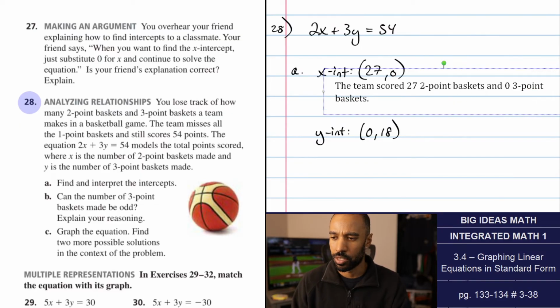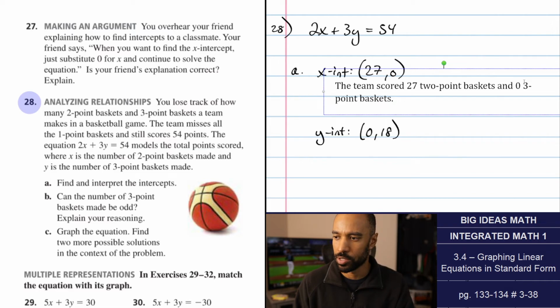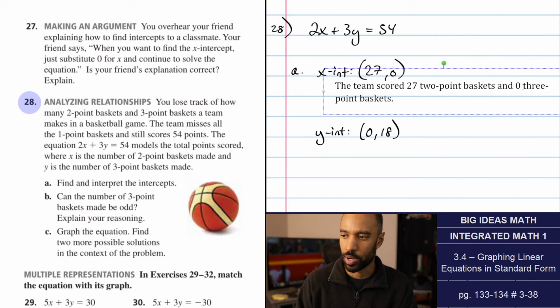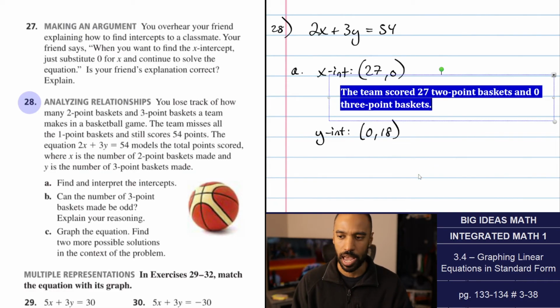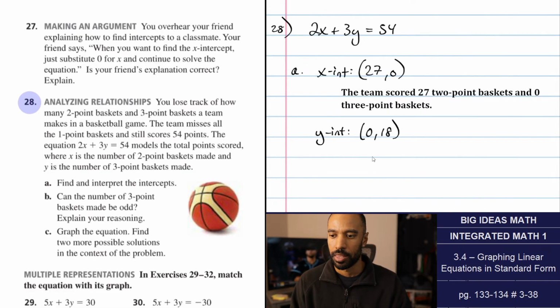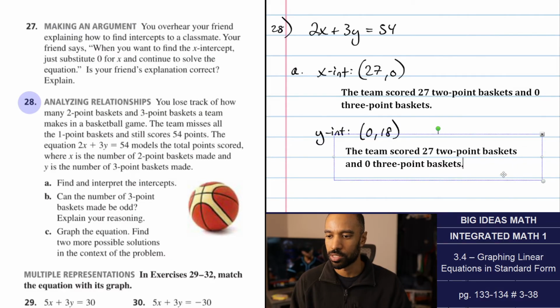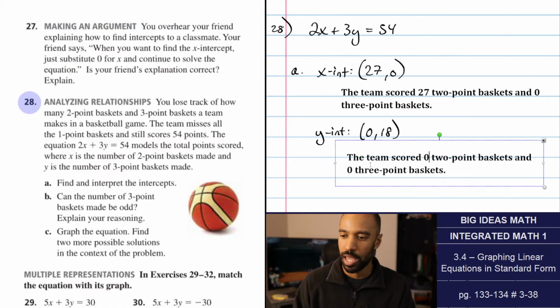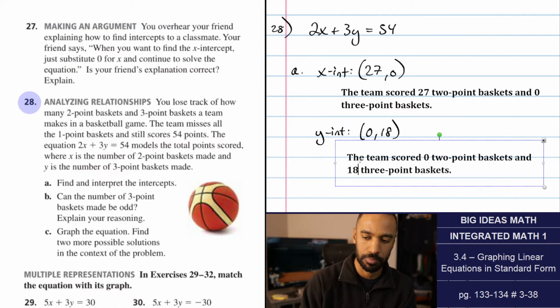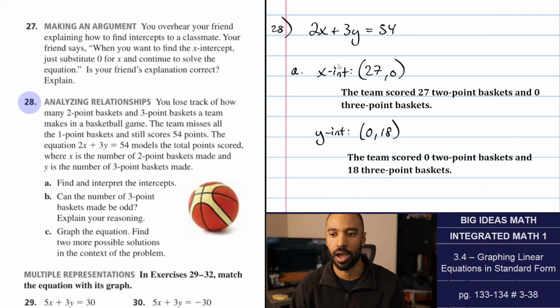I'm going to write the word for 2 and 3, otherwise that looks really weird to have those right next to each other. And 0 3-point baskets. That is one of the things that happens interpretively. The other alternative is this: the team scored 0 2-point baskets and 18 3-point baskets. Those are the intercepts. Remember, there are other possible solutions, but those are.